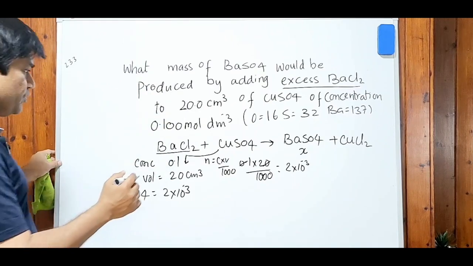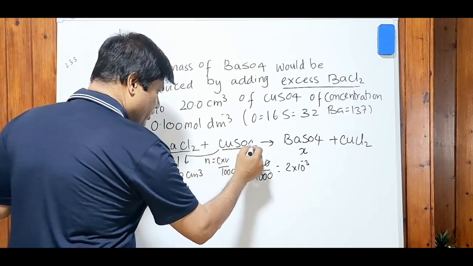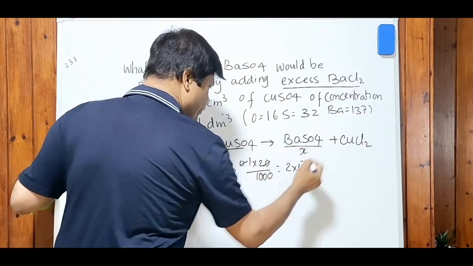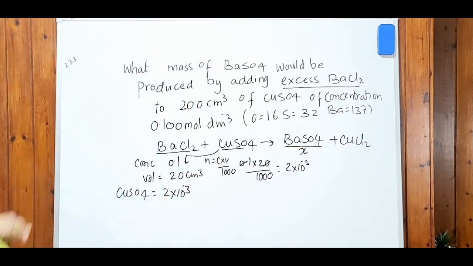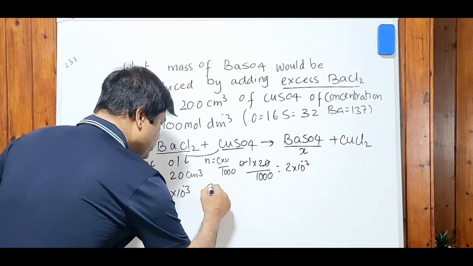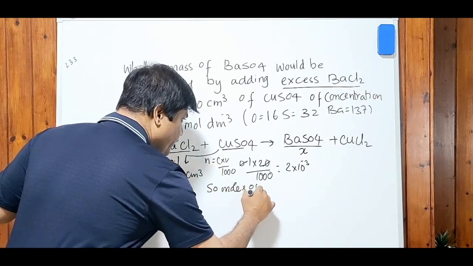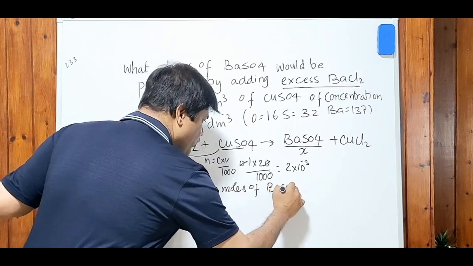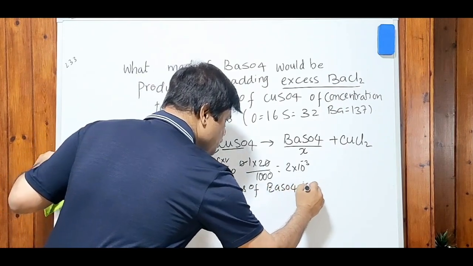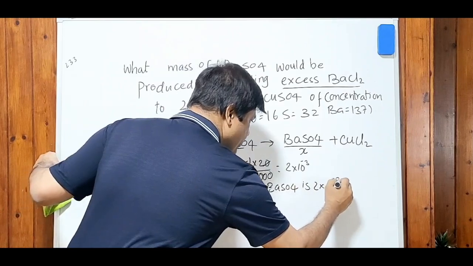So we have to look at the relationship between copper sulfate and barium sulfate. What's the molar ratio? 1:1. Okay. So moles of BaSO4 formed is 2 times 10 to the power of minus 3. Is that clear?